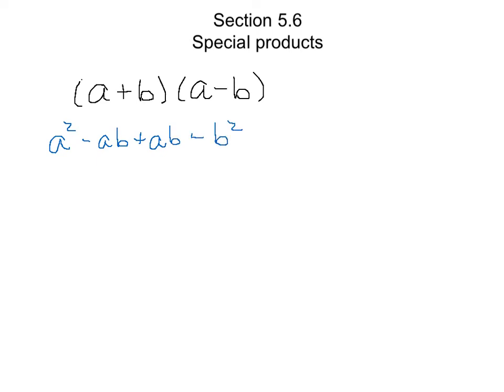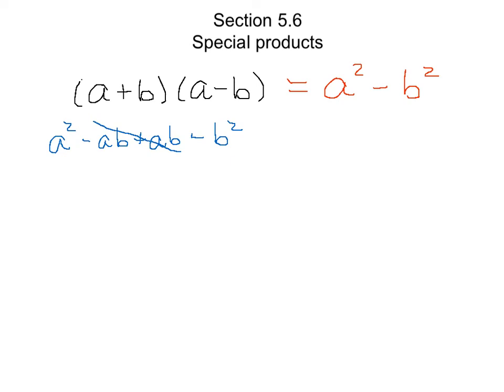And so what I notice is that these terms cancel, and what I'm left with is simply a squared minus b squared. And so that's an important property to notice when you have the sum and difference of the same terms.